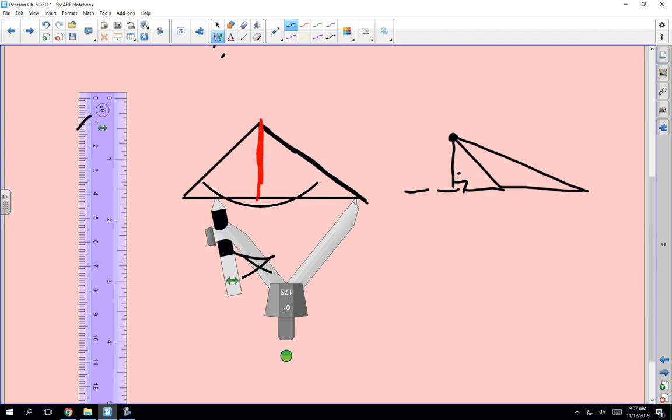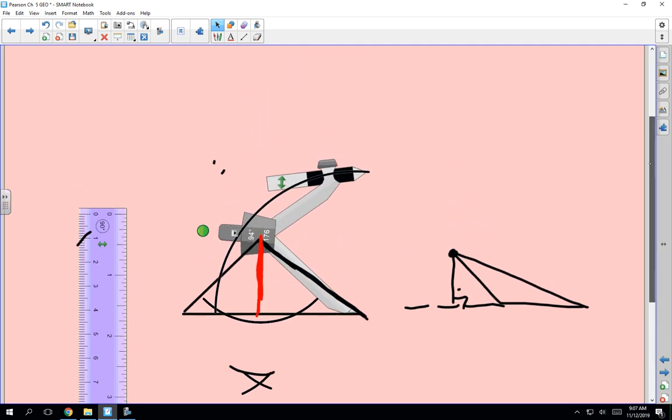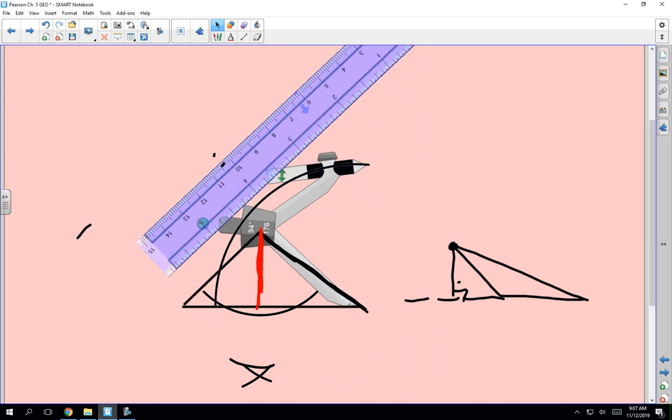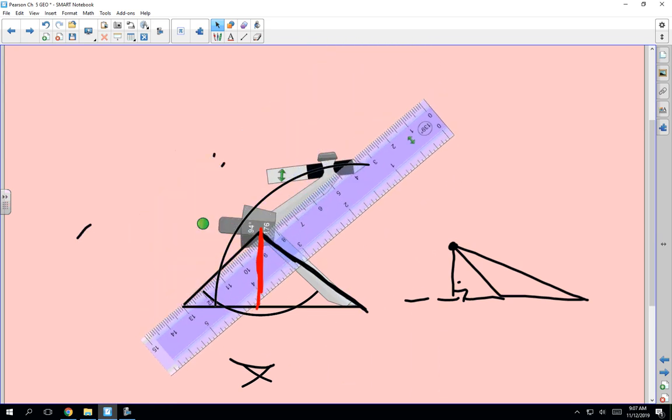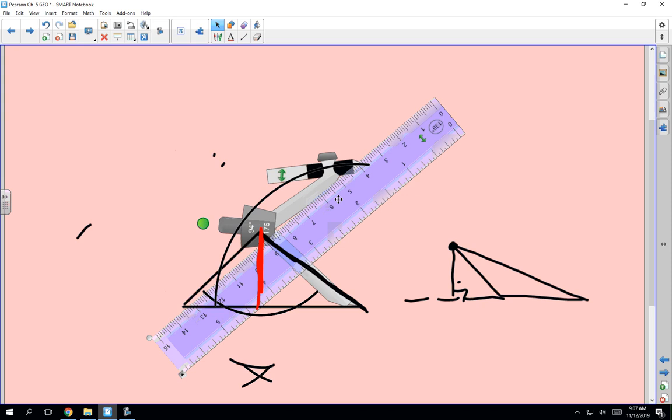So here we go. Swing, oops. Just swing my arc right there. I need to come back over here. If I can get my ruler to line up, I've got to extend out my line segment.